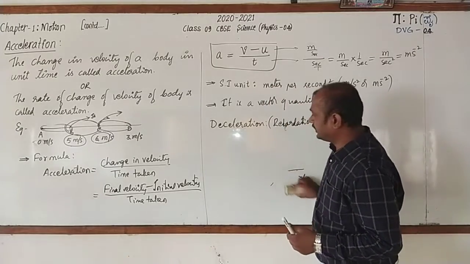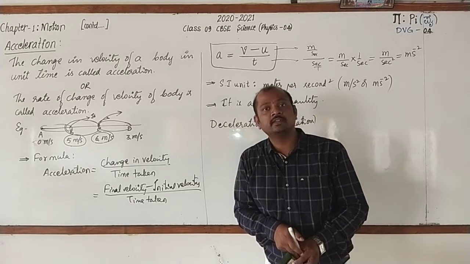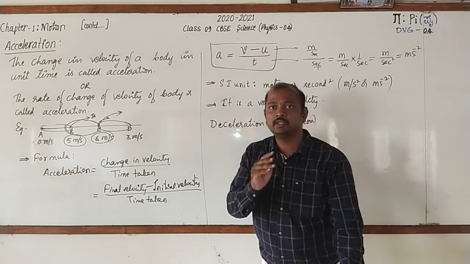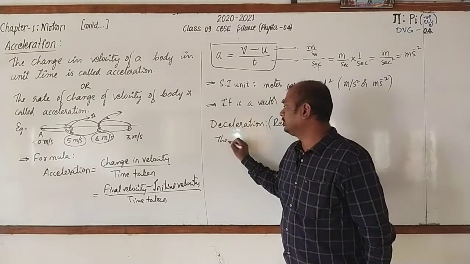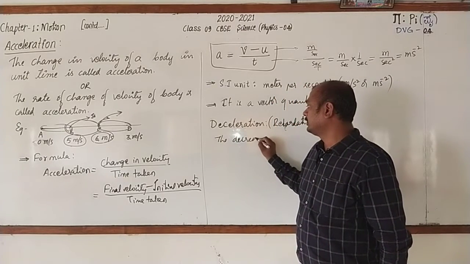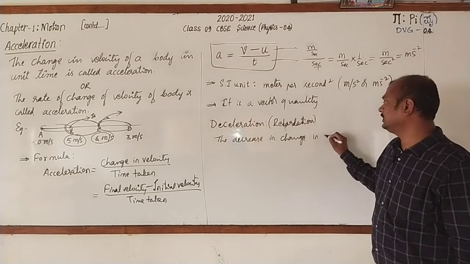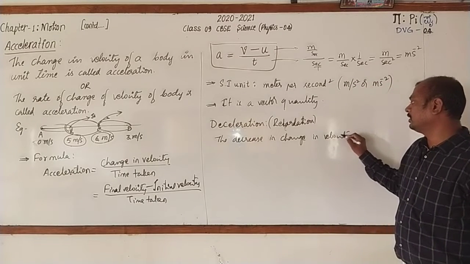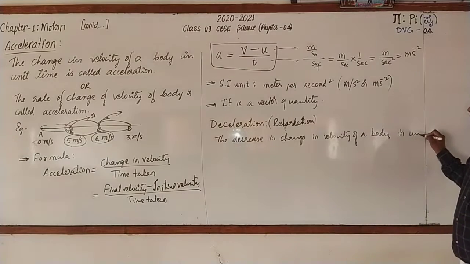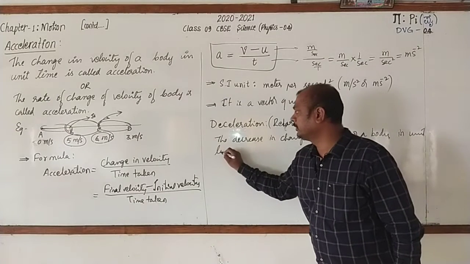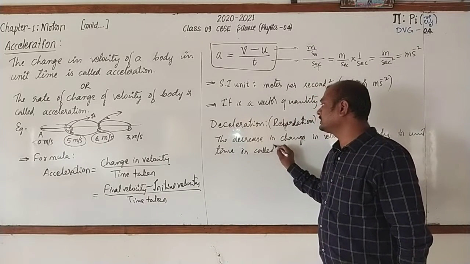Now we can define deceleration as the decrease in the change in velocity of a body in unit time. Here I write the decrease in change in velocity of a body in unit time is called deceleration.